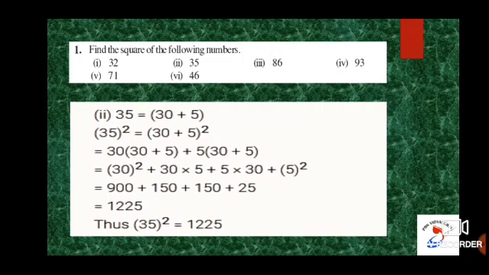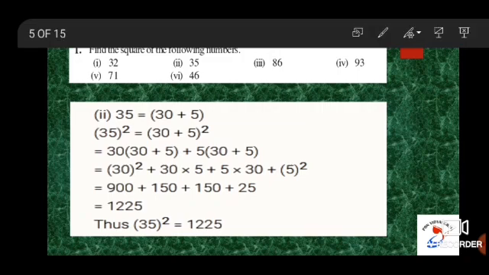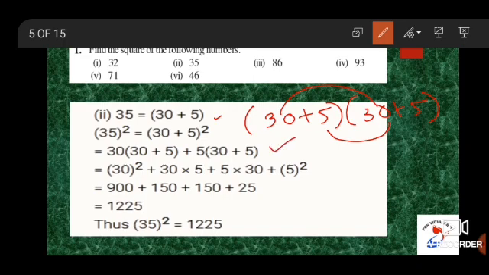Subdivision 2, it is 35 square. We can write 35 as 30 plus 5. As I have told you, you can write this as (30 plus 5) into (30 plus 5) because it is square. Again apply the same distributive property, which will give you 30 into (30 plus 5) plus 5 into (30 plus 5).